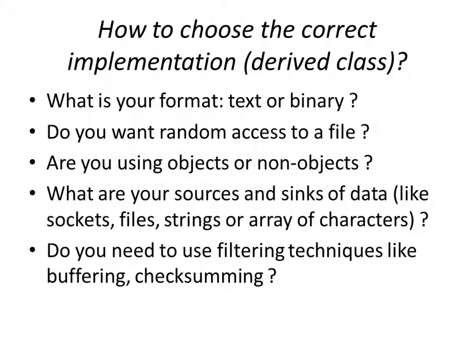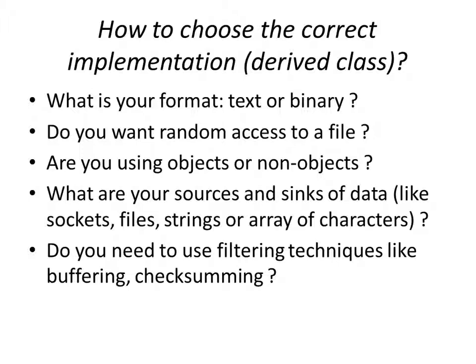And what are your sources and sinks of data? When you read and write, it may not be just files in your file system. It could be sockets, where you open a network connection and read from the socket or write to the socket. Or it could be files, or strings, or an array of characters. So your sources and sinks of data may not be just files in the file system.